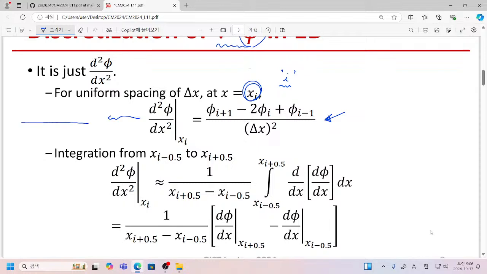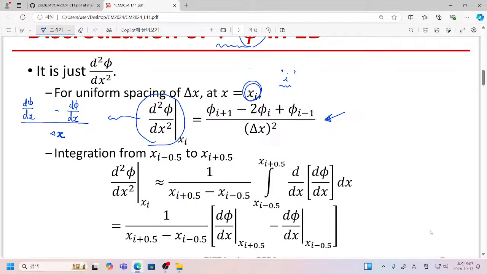So if we take the finite difference of this one, this is the derivative of the first derivative. So we can say that it can be written in a form like this.